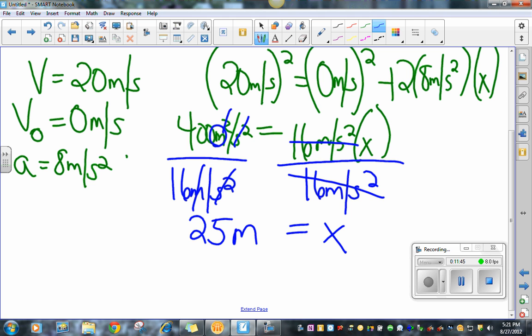So let me check my math, 400 divided by 16. Nope, that's right. It's a model airplane. In my head, I was thinking it was a real airplane. So 25 meters, there's your answer. Circle that. And that is the end of your acceleration problems. Keep practicing these until you get good at them.